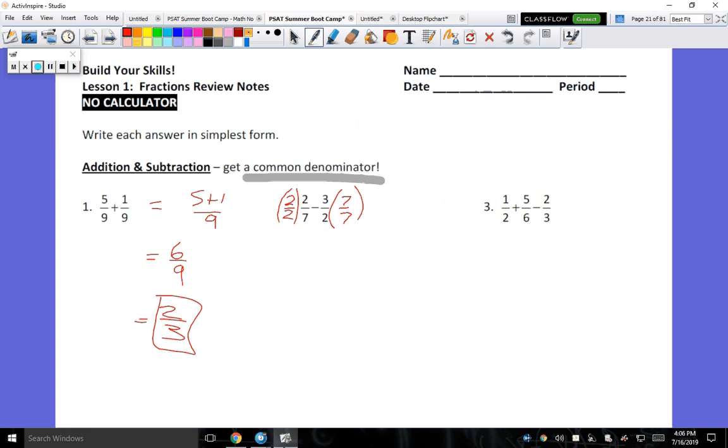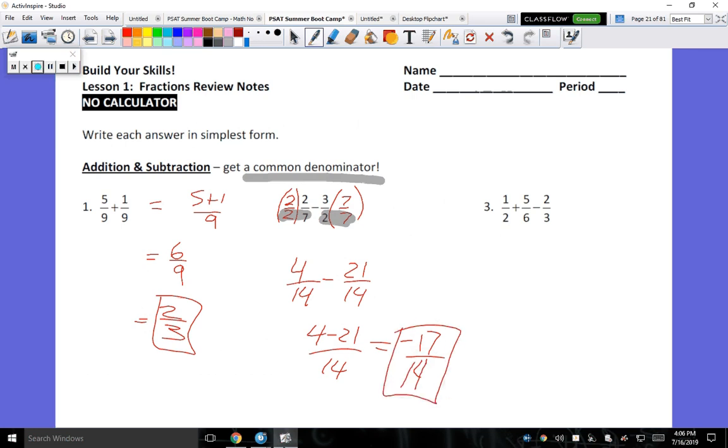It's what the other one didn't have. So now my common denominator is 14. You with me? So I have 4 over 14 minus 21 over 14, which is 4 minus 21 over 14. What's 4 minus 21? Negative 17. And this one does not reduce, and that would be your answer.